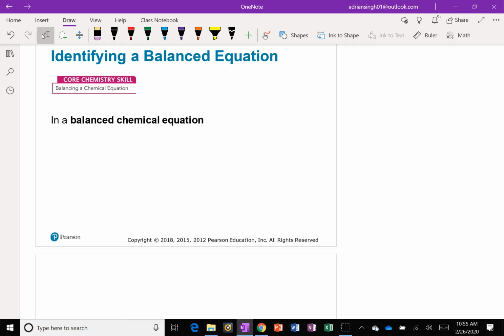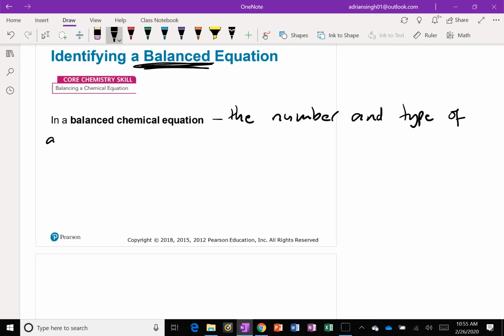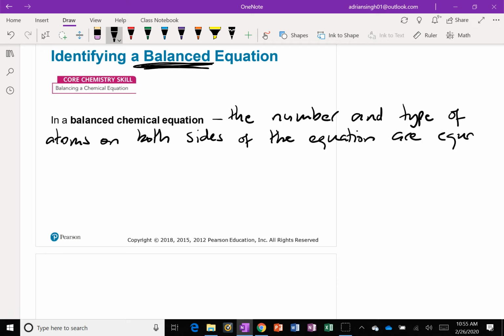So when we start looking at equations, we're going to have to make sure that they are balanced, which simply means that the number and type of atoms on both sides of the equation are equal to each other.